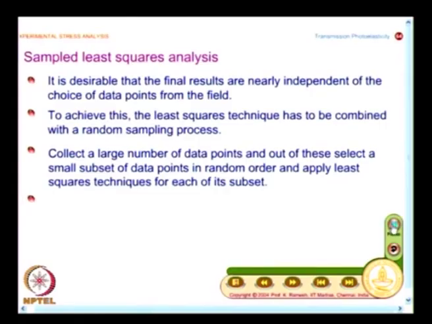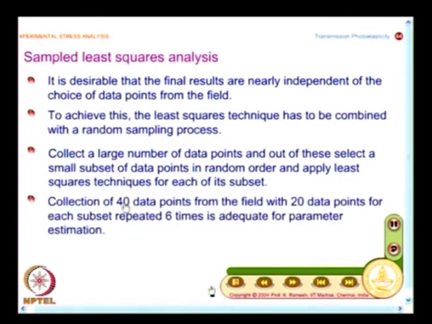And there are also recommendations on how to statistically condition. So, what they recommend is collection of 40 data points from the field with 20 data points for each subset, which is repeated 6 times, is adequate for parameter estimation. Because in this case we know only 4 unknowns have to be determined.